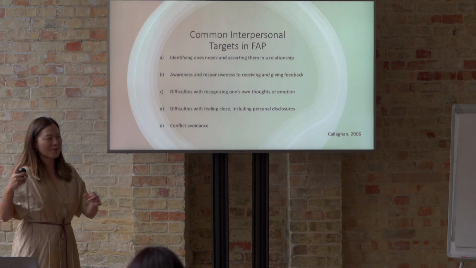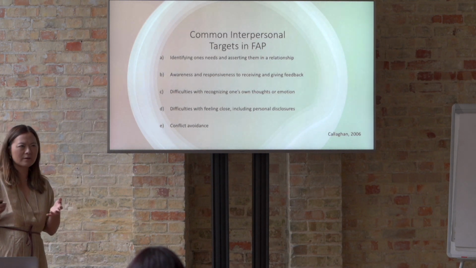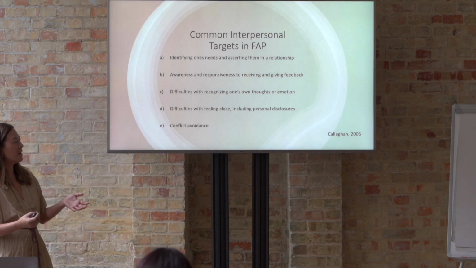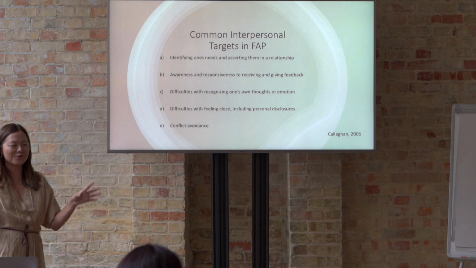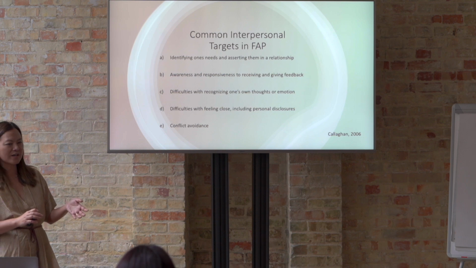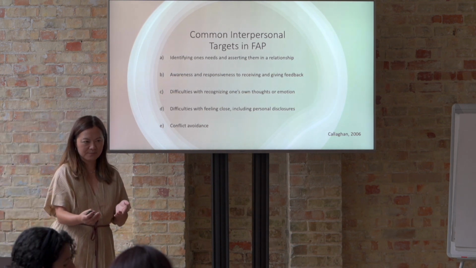Now, to help you start to formulate and work out what is a helpful behavior and what is unhelpful, I suppose, Glenn Callahan came up with a FAP. You won't all be familiar with that, but basically it's a questionnaire that focuses on interactions and relations.